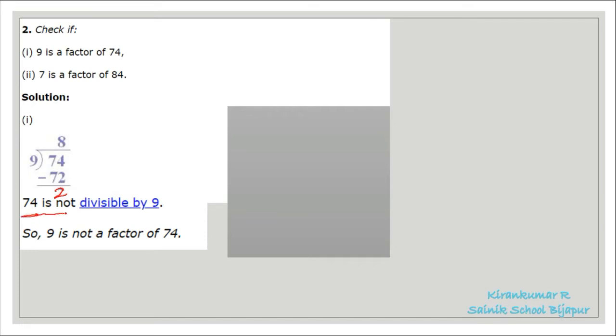So 74 is not divisible by 9 because we have a remainder there. So I can say that 9 is not a factor of 74. At the same time, I can also say 8 is not a factor of 74.